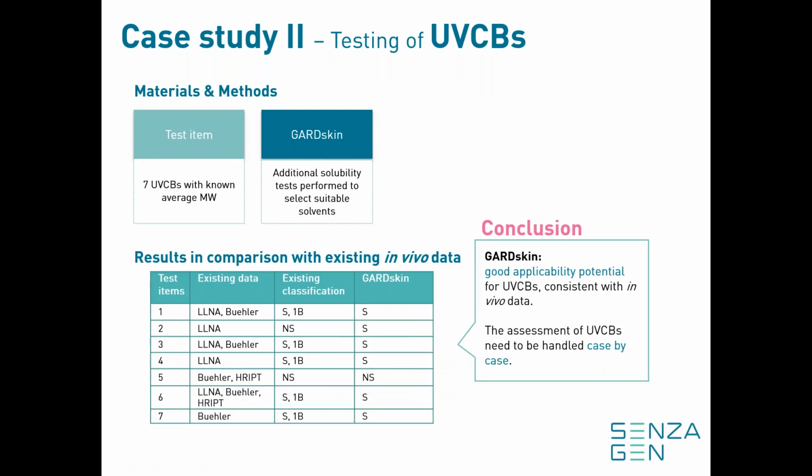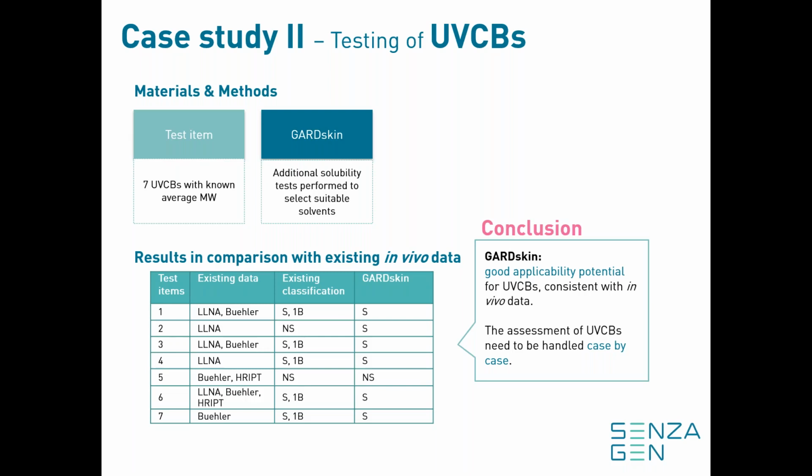So based on the protocol with the testing of the different solvents, we were also sent an additional 7 substances from the sponsor of the study, and we could demonstrate, by mixing around with the different solvents, that we were able to correctly predict 6 of these 7 compounds in relation to the existing in vivo data.